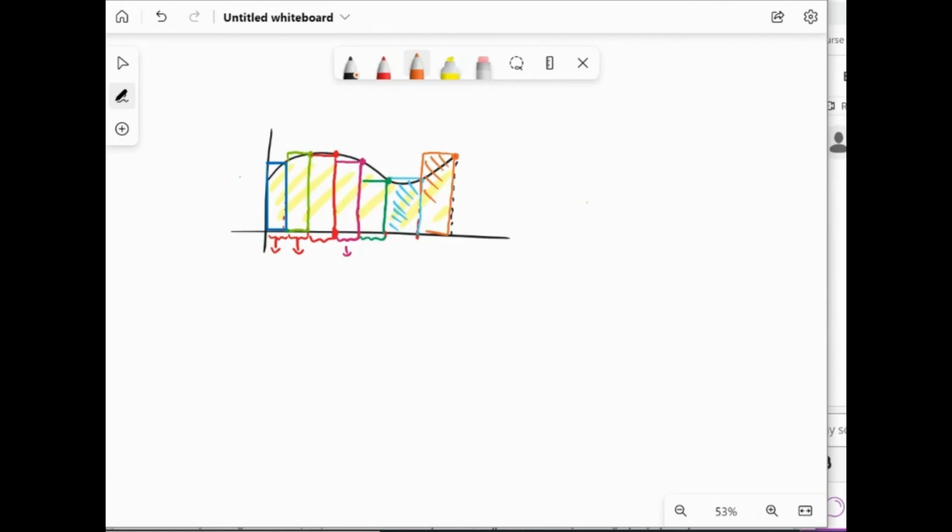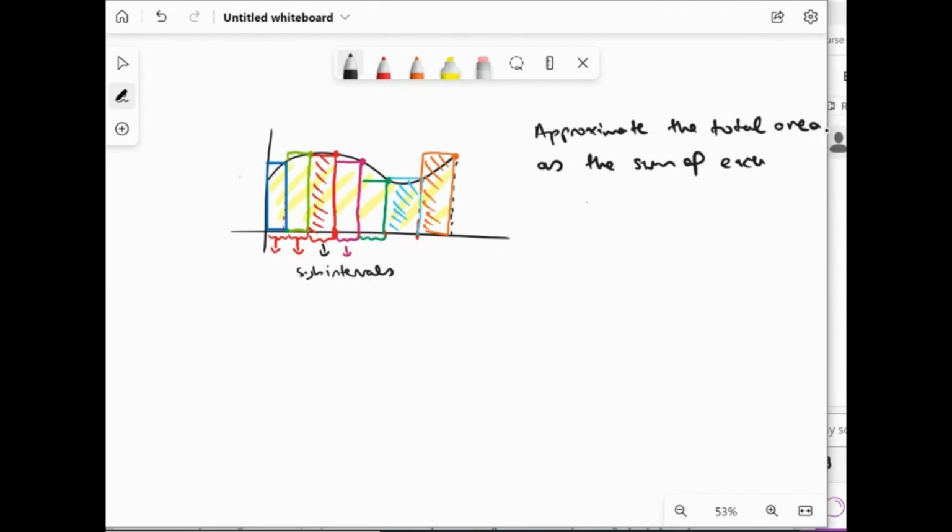Now we have several rectangles, and we can consider finding the area of each sub-rectangle. We just approximate the total area as the sum of each approximating rectangle.